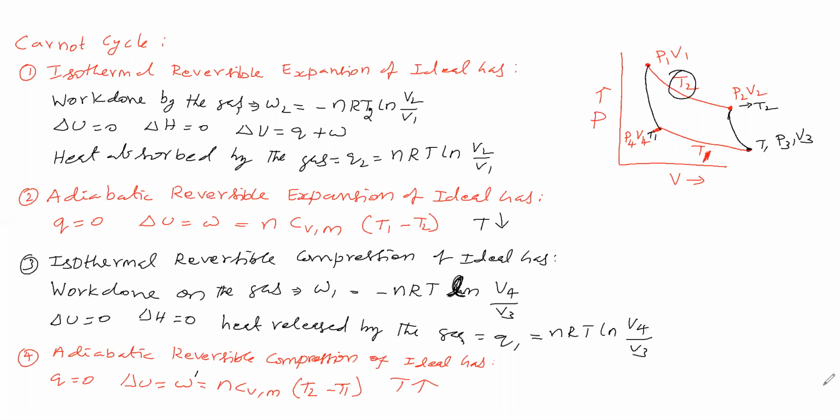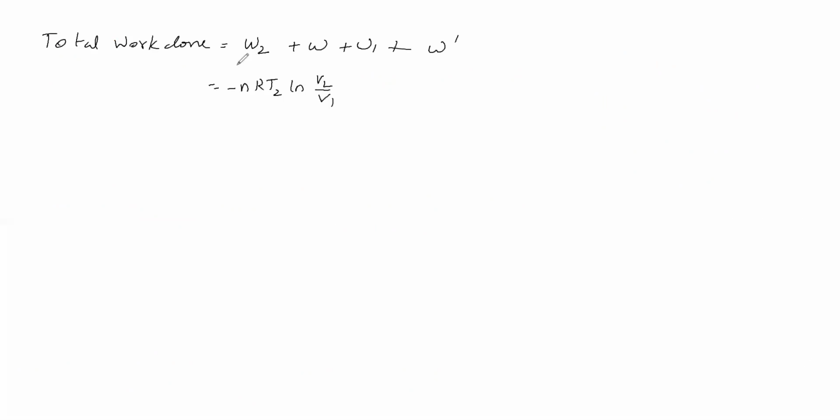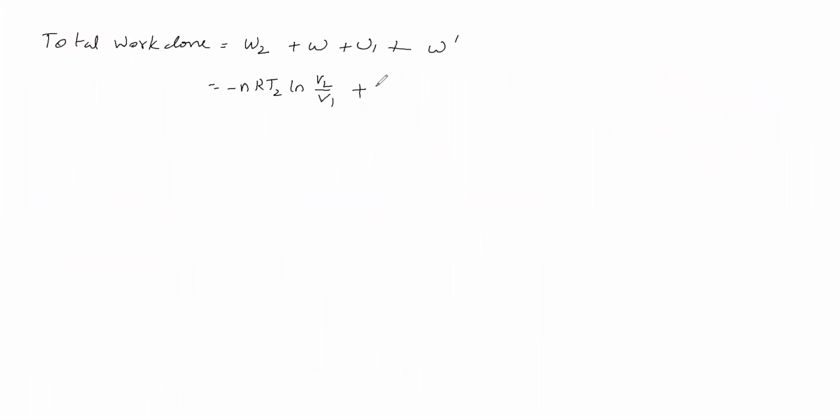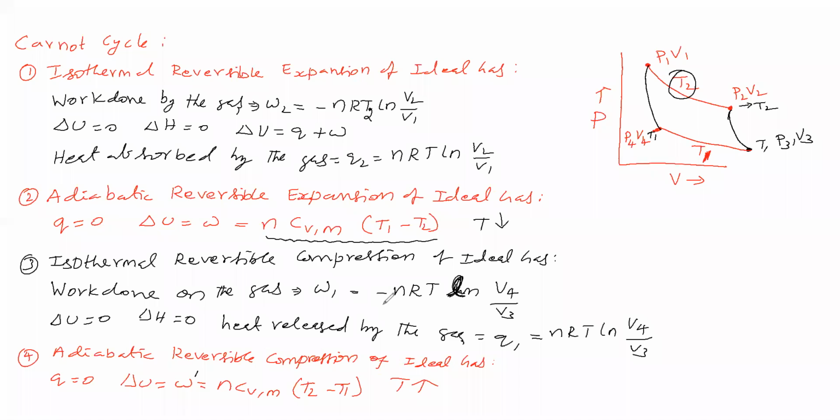So first step work done is minus nRT2 ln V2 by V1, plus W. W is the second step work. Second step work is nCvm into T1 minus T2. Third step work we will see. In the third step, minus nRT ln V4 by V3.